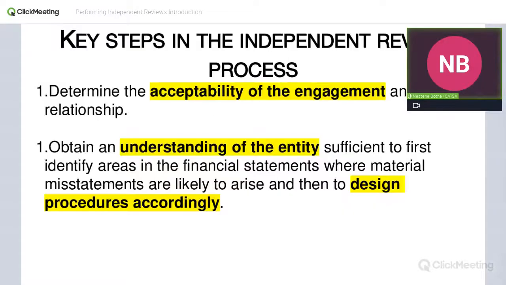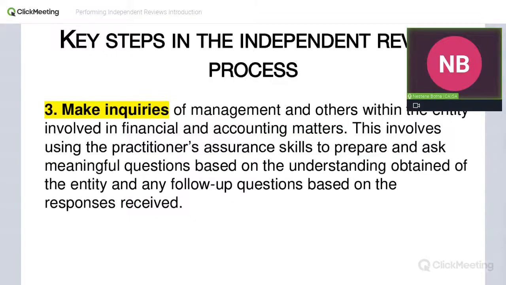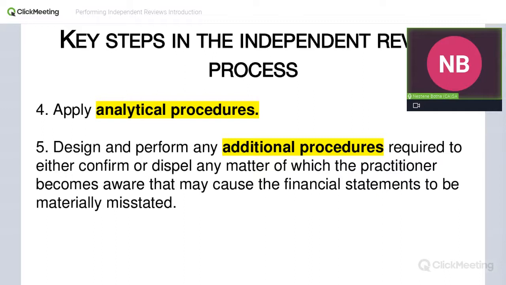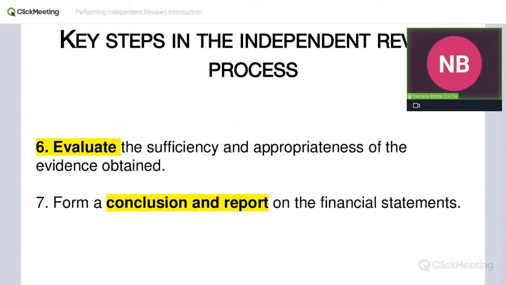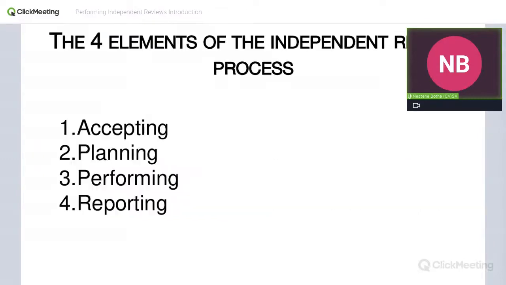And we will cover the complete independent review process. So, there are key steps in the independent review process that we need to perform, and we will be covering all of them in order to make sure that you are on the right track when you are performing your independent reviews and your engagement team understands exactly what is necessary for them to do.